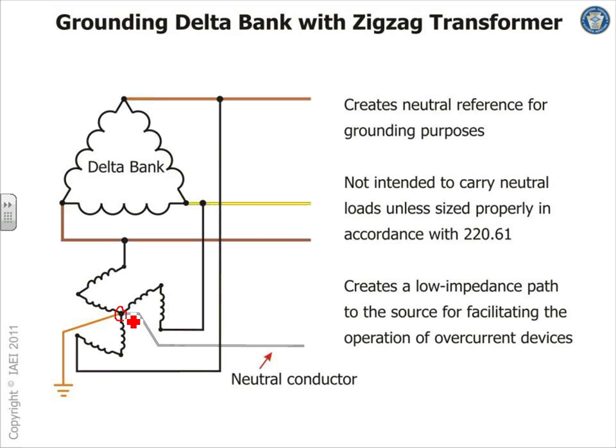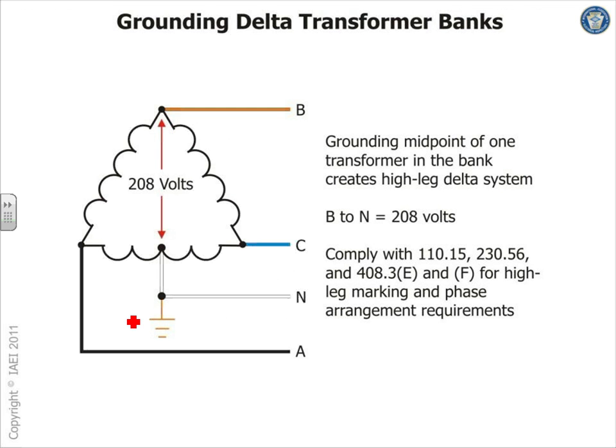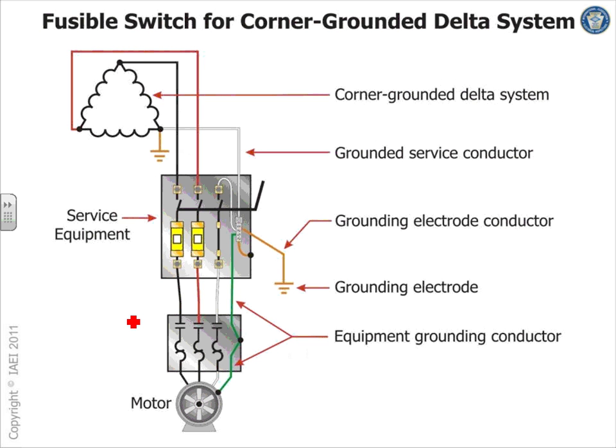So here's your neutral coming out of your zigzag transformer to get you 277 out of 480 delta. Grounded delta banks. Okay, we got the 208. So here this is about sizing the grounded conductor, guys.